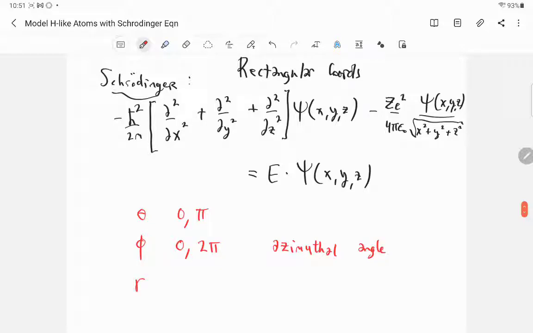And then r takes positive values from 0 out to infinity. So theta and phi are on these intervals, where theta is kind of the strangest one. It's only through 180 degrees. The azimuth goes all the way around 360 degrees. Theta and phi taken together can be considered a solid angle. And then r is the radial distance away from the origin.